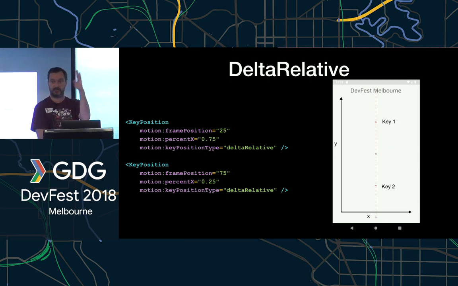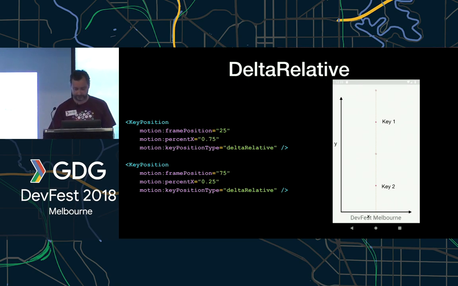We haven't moved the start and the end in the x-axis at all from each other. So if we try and change the value of the x-axis, the delta relative is going, well, there is no delta to have. Anything times 0 is still going to be 0. So it doesn't matter what values you put in there, it's still going to go up and down in a straight line.